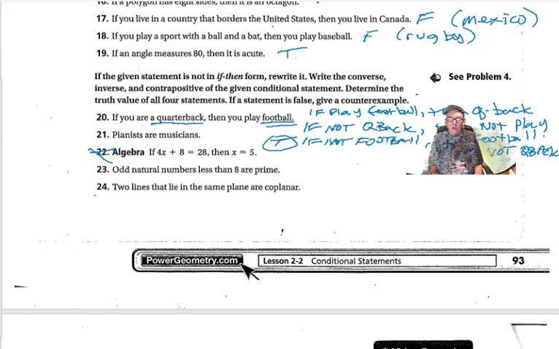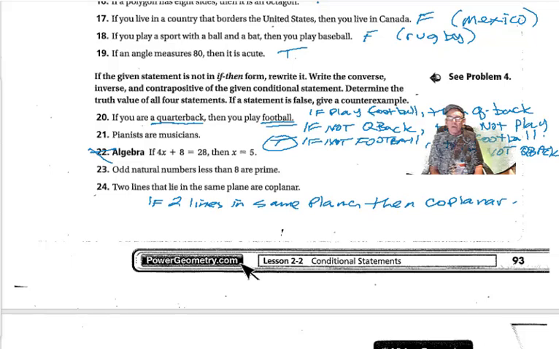Number 24: if two lines lie in the same plane, then they are coplanar. So if two lines in the same plane, then coplanar. That's the original conditional.